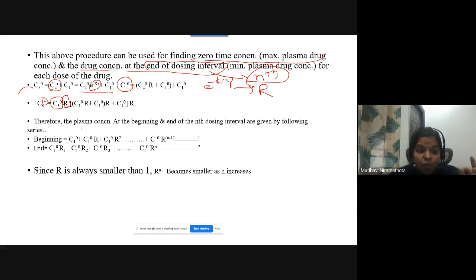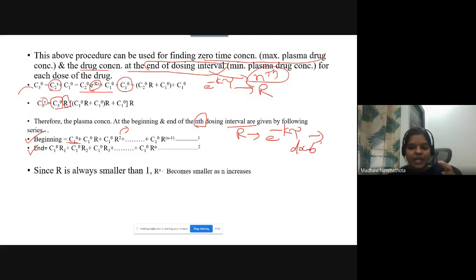Therefore, the plasma concentration at the beginning and end of the nth dosing interval can be given by this: one equation is for the beginning dose, the other for the ending dose. For the beginning, you need to write C10 plus C10 R plus C10 R square. Here your R value, e to the power of minus k tau, is getting raised in power at the beginning stage.